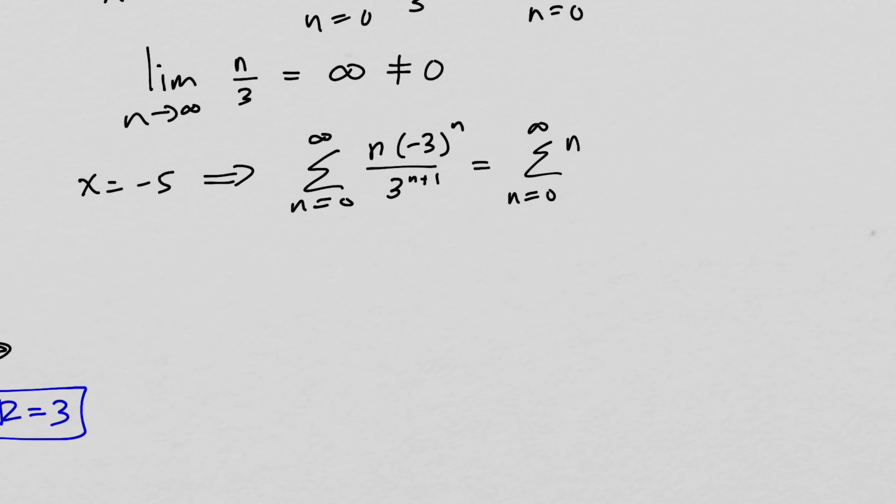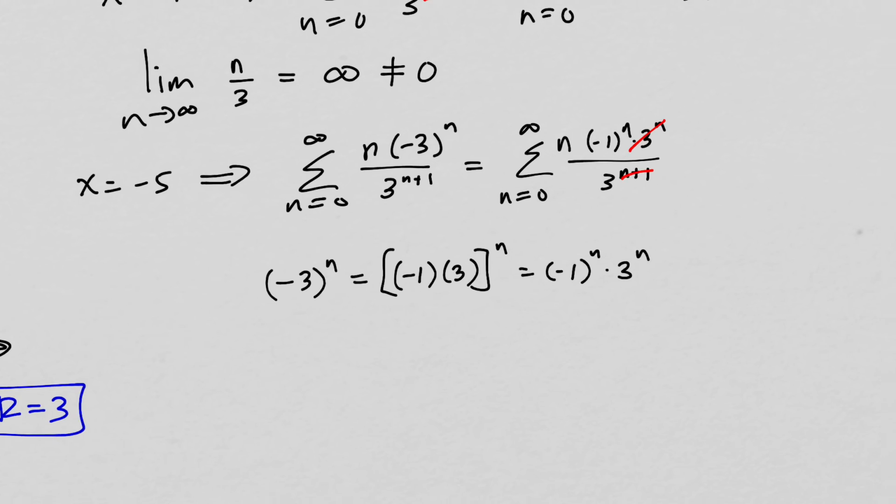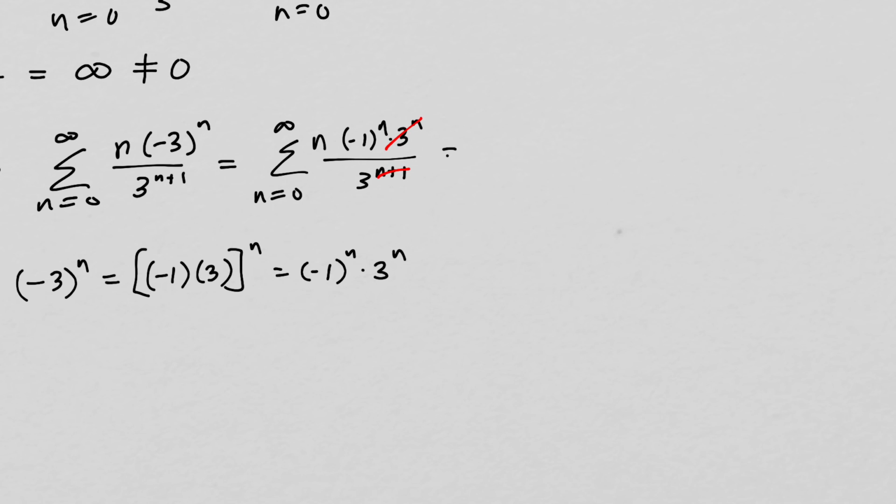I'm going to write negative 3 to the n as negative 1 times 3 to the n, which is negative 1 to the n times 3 to the n. And then we're dividing that by 3 to the n plus 1. This is going to cancel out those there. And we end up getting the series negative 1 to the n times n divided by 3.